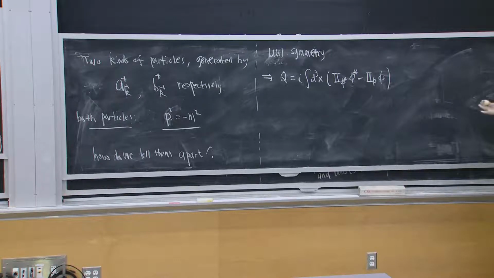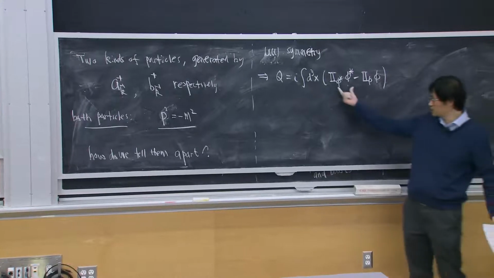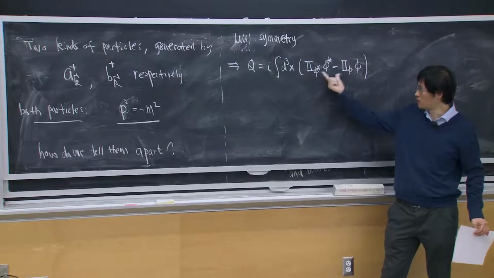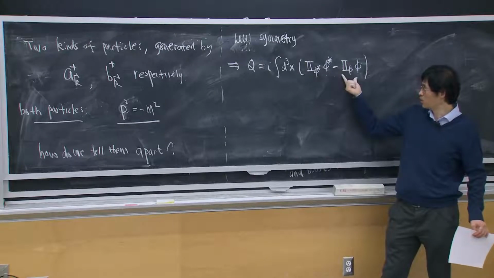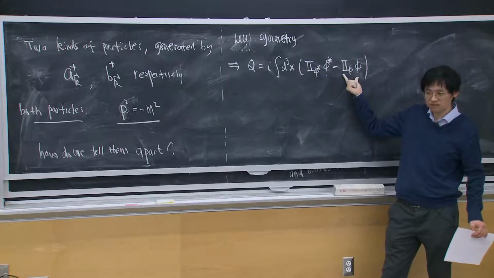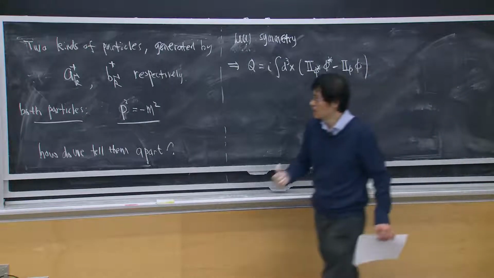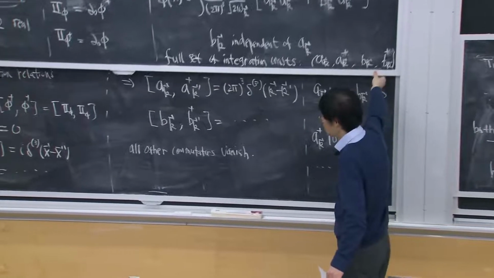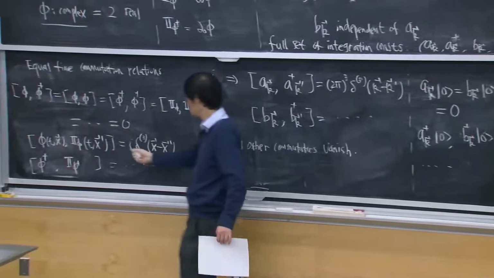At the quantum level, these become operators, and now there's an operator ordering ambiguity. The phi doesn't commute with its own conjugate momentum.